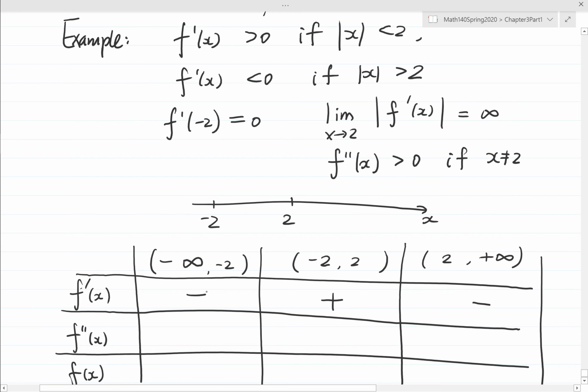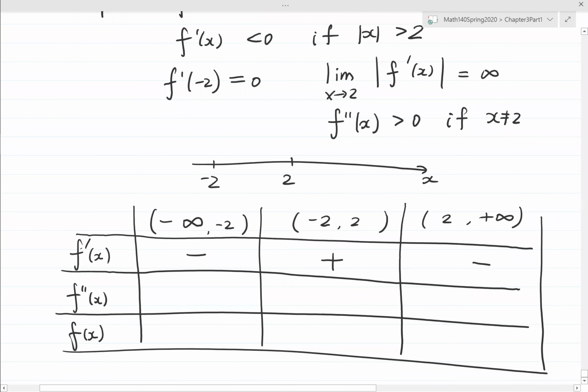The first derivative is negative if x is beyond 2. Then the second derivative is always positive.